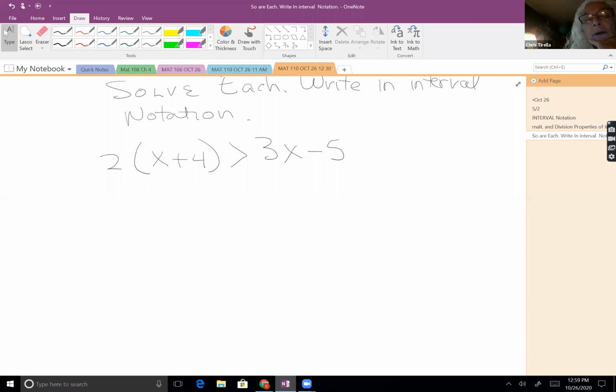I apologize, we're not going to throw exponents on these. The only thing we have to be careful of is if we multiply or divide by a negative, the direction is reversed. So we're going to leave that inequality symbol in there, but go through the same steps as if it were an equation.